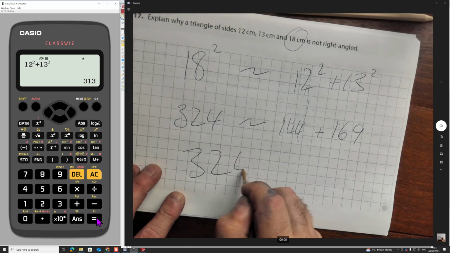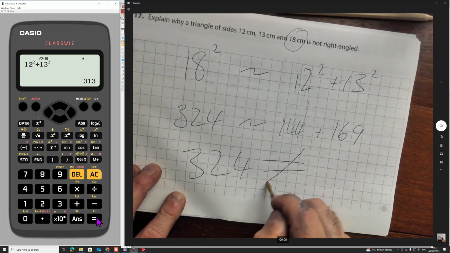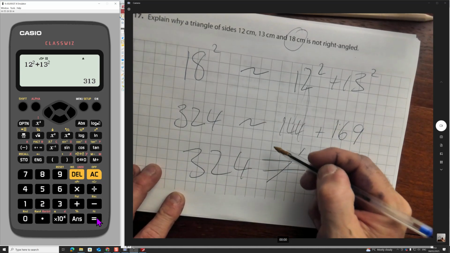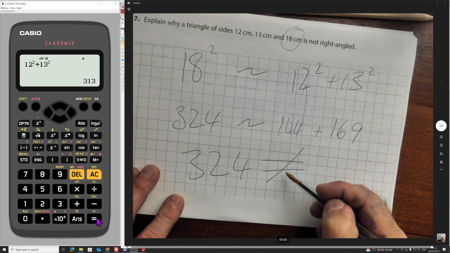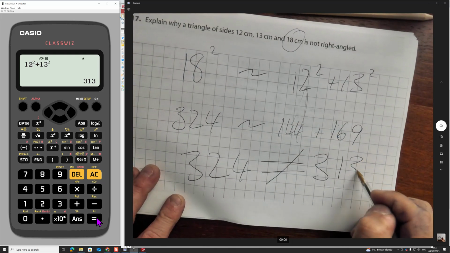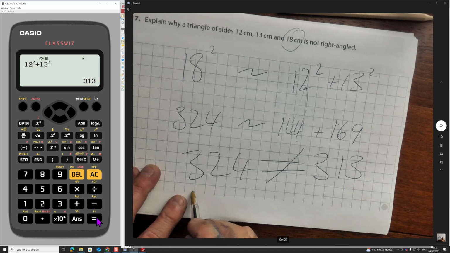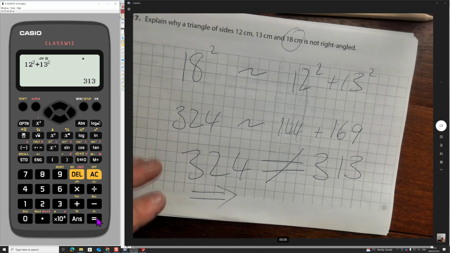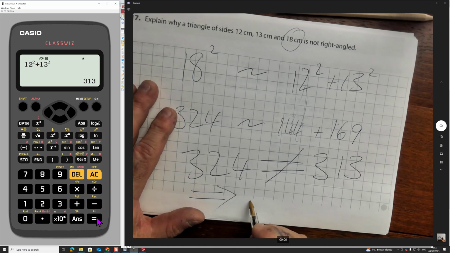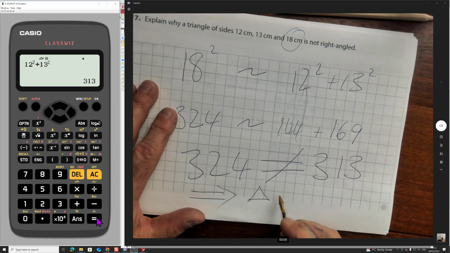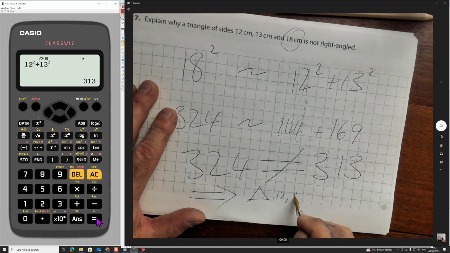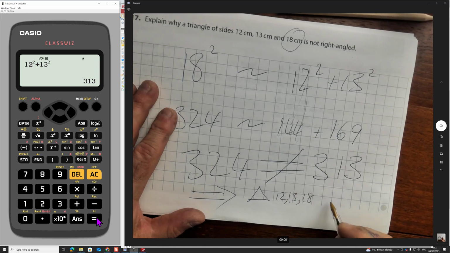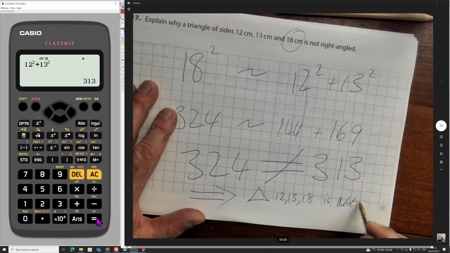And we simply say 324 is not, so this was always going to turn into either is equal or is not equal, and 324 is not equal to 313, which implies that triangle 12, 13, 18 is not right angled.